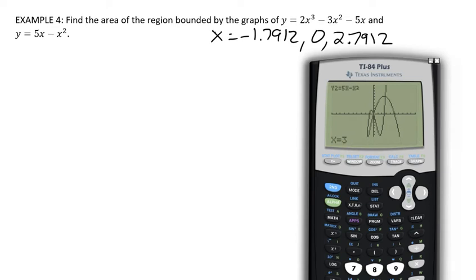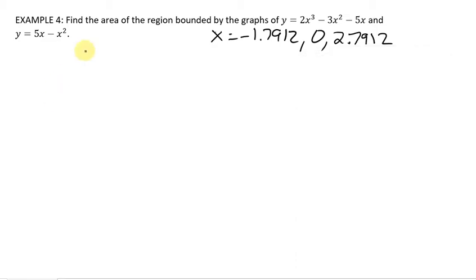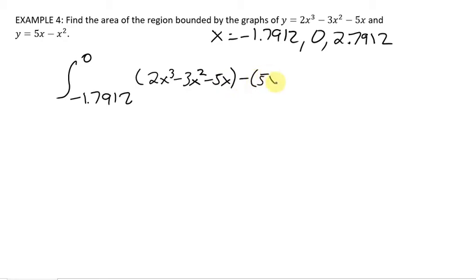Now, there's two ways to do this. One of them is with two integrals. The first is the integral from negative 1.7912 to 0. During that first region, the cubic is on top, so it'd be 2x cubed minus 3x squared minus 5x, minus 5x minus x squared.